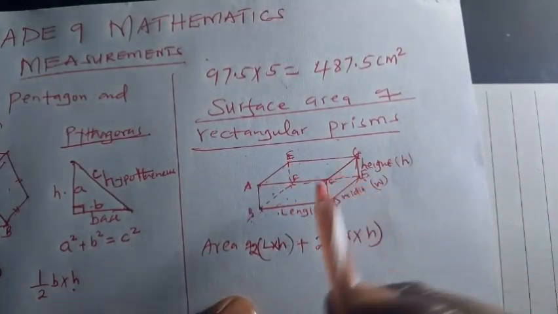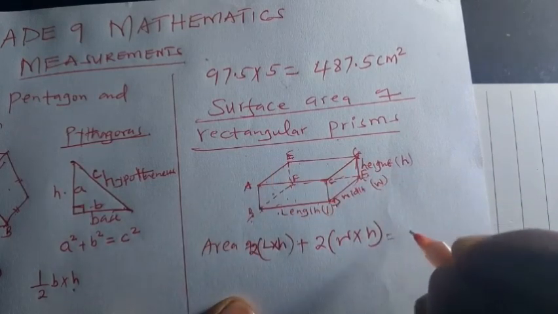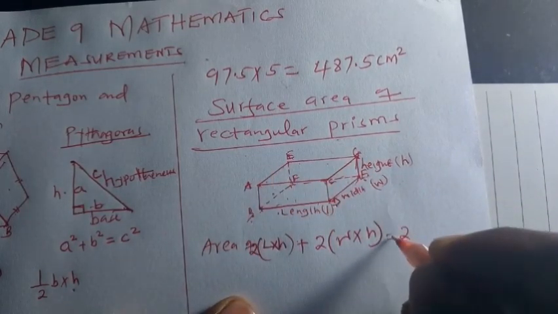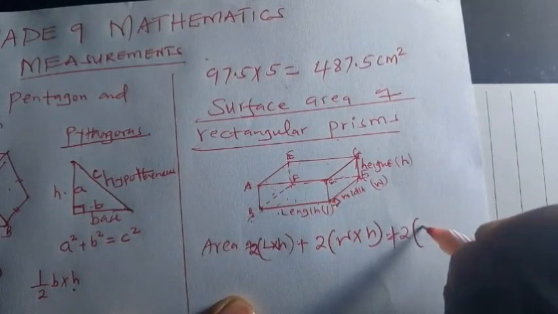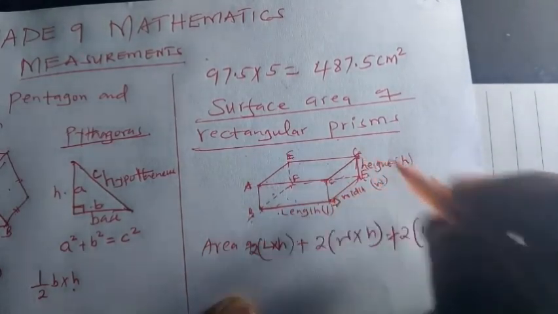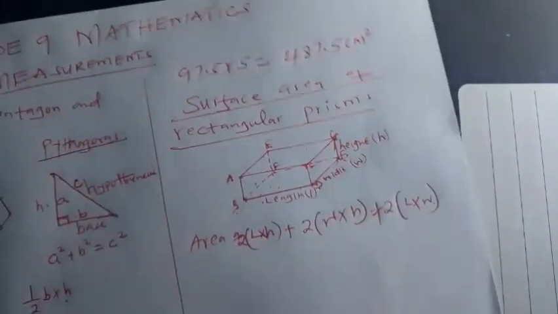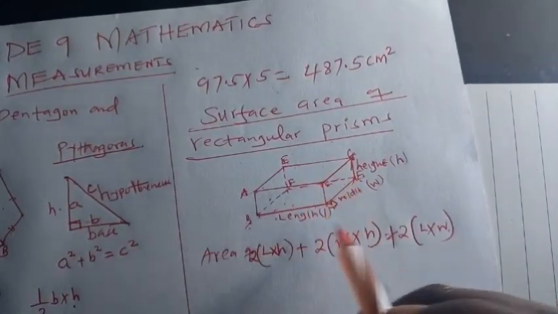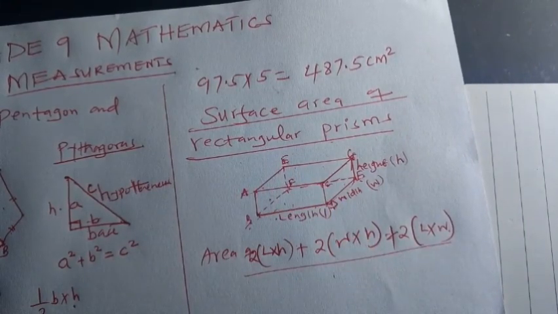Next, we calculate the area of this top, which is 2 times length times width. So this is the formula you're going to apply.